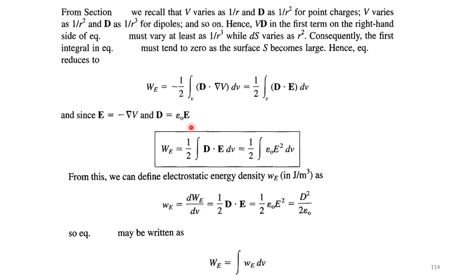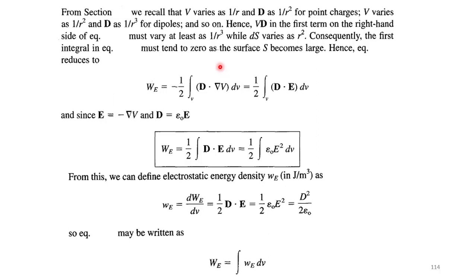So this equation can be written as minus 1 by 2 integration D bar dot del V dv. We know that del V is minus E, because there is a relation between electric field intensity and potential.